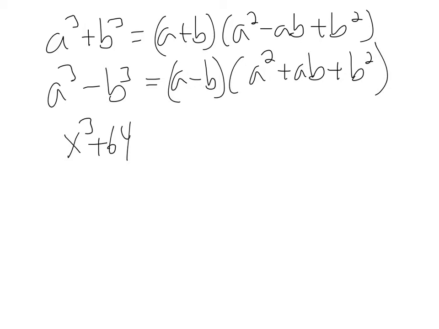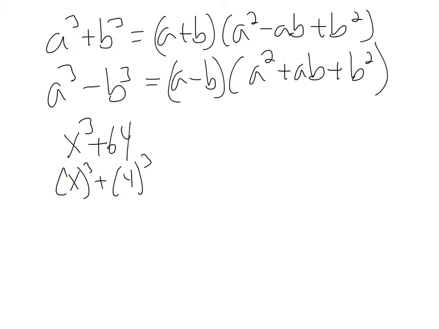So for this problem here, I see that x is cubed and 64 is 4 cubed, right? So really the way I can think about this is that x is being cubed and 4 is being cubed, and this tells me that this is the A and this is the B, and there's this plus, so as an addition, this is the sum of two cubes.